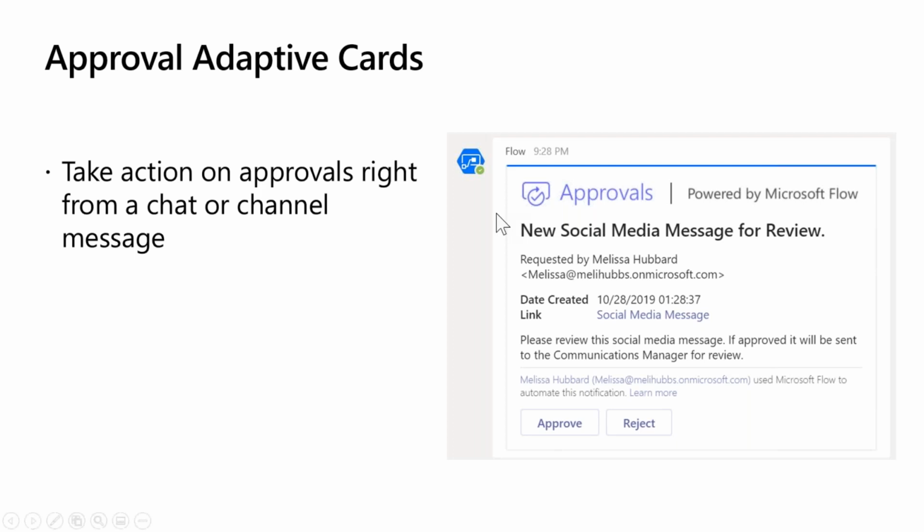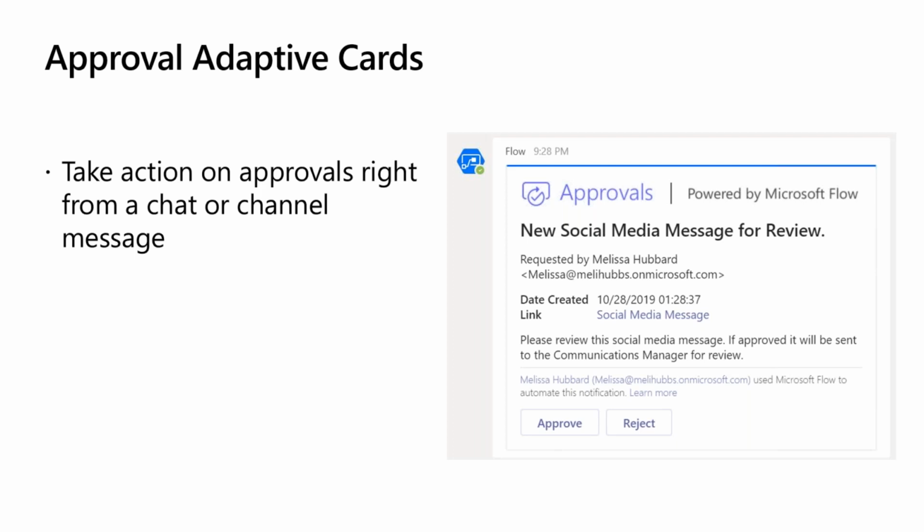It's a tough one. So your Power Automate approvals would be sent to your email. They would be sent to the approval center in Power Automate, and they would be sent to your mobile app. So you had those choices to be able to take action on your approvals, which is great.